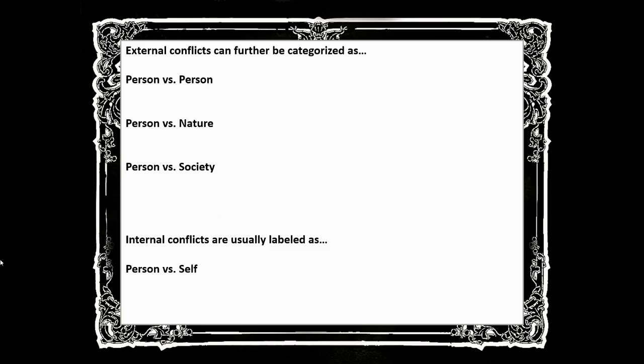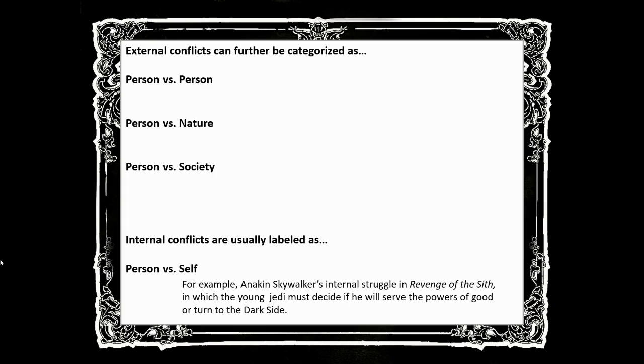And then if you think about person versus self, this is a conflict, remember, that's within a person's mind. There's some struggle within a person. For example, think about Anakin Skywalker from the movie Revenge of the Sith. In this movie, the young Jedi must decide if he will serve the powers of good or turn to the dark side.